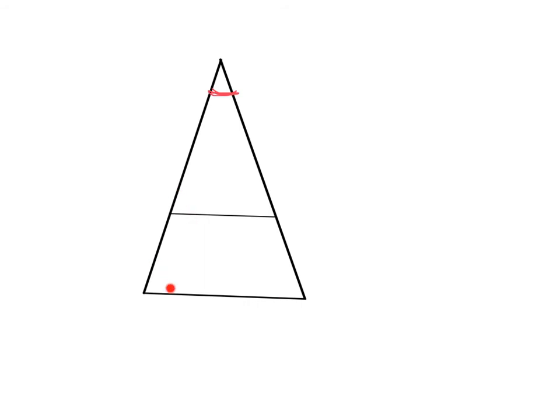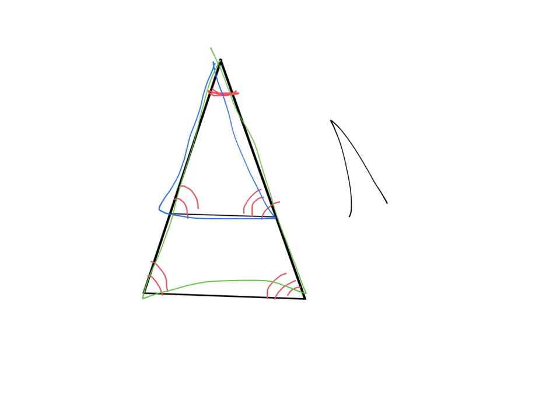That means their corresponding angles have to be congruent. So we could say that this angle is congruent to this angle, and this angle is congruent to this angle. Therefore, these two separate triangles here, one right here and one right here, are similar by angle-angle similarity.